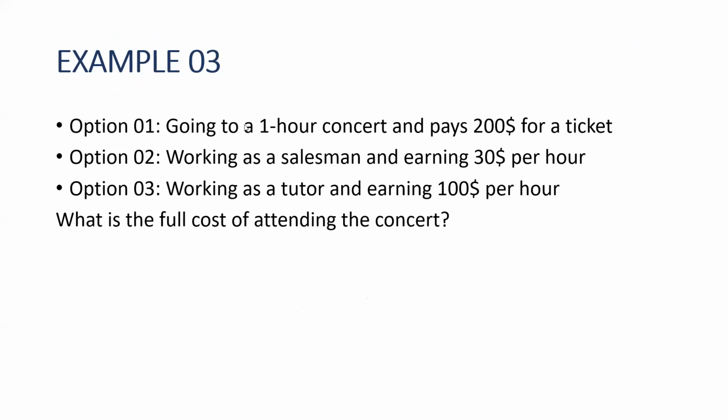Either you can go to a 1 hour concert and pay $200 for the ticket, or you can work as a salesman and earn $300 per hour. Option 3 is working as a tutor and earning $100 per hour.